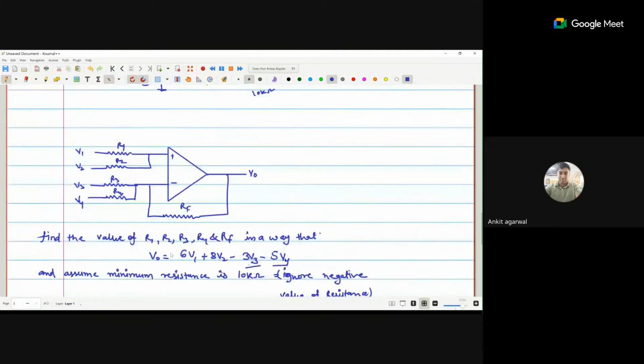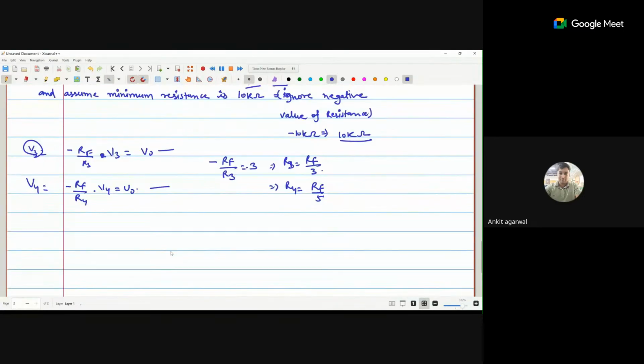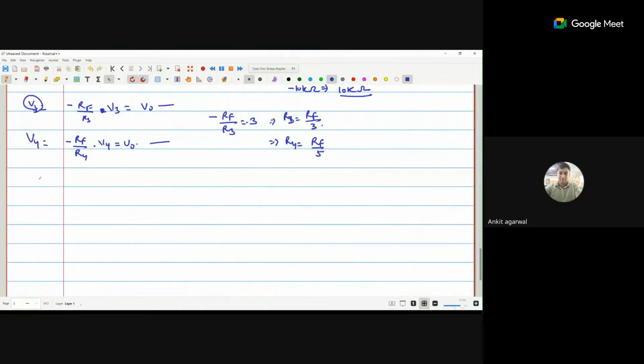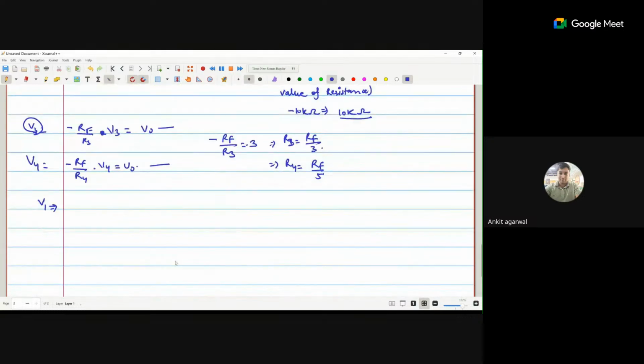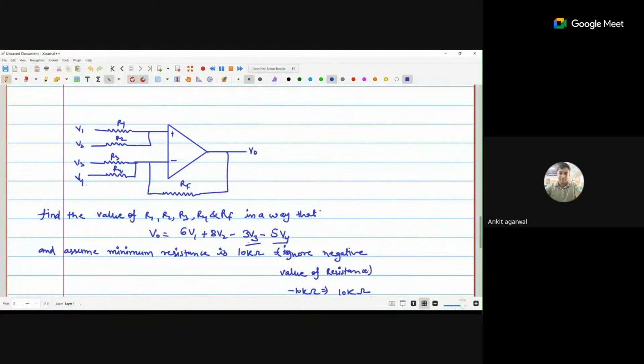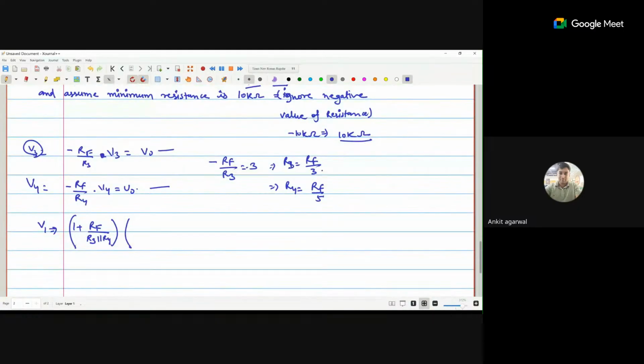Now we go with V1 and V2. Because of V1, we are getting the voltage 1 plus RF by R3 parallel combination of R4, times R2 by R1 plus R2, times V1 is equal to V0.